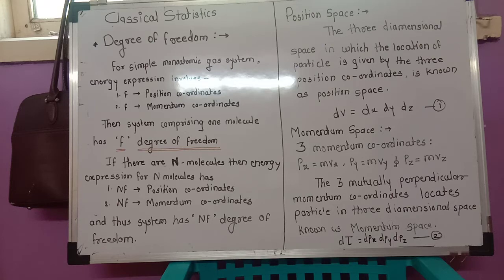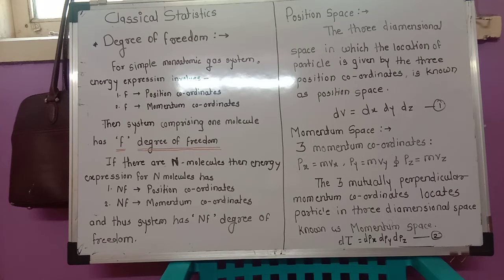The three-dimensional space in which the location of a particle is given by three position coordinates is known as the position space. A small volume element dV in the position space can be written as dV = dx dy dz.